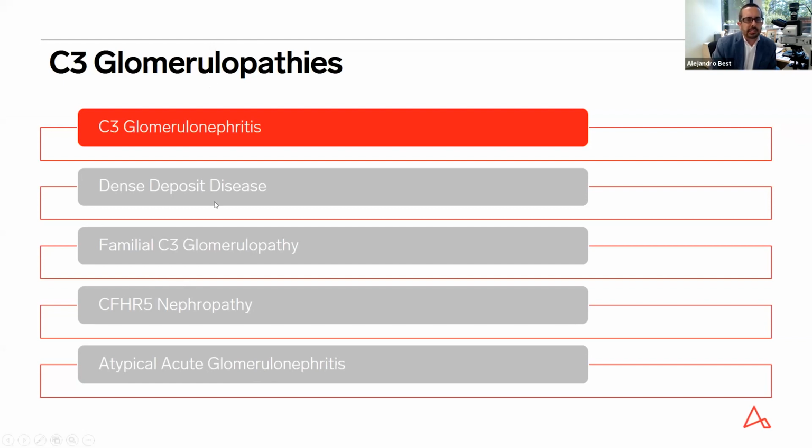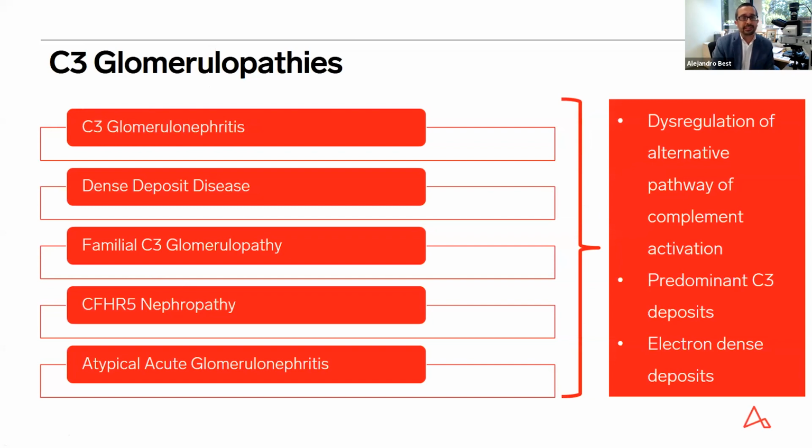But the main two diseases that we'll find under this designation are C3GN and dense deposit disease. There's really a lot of overlap among these diseases. What they all have in common is dysregulation of the alternative pathway of complement activation. They all have C3 deposits in the mesangium, and they all have electron-dense deposits by electron microscopy.